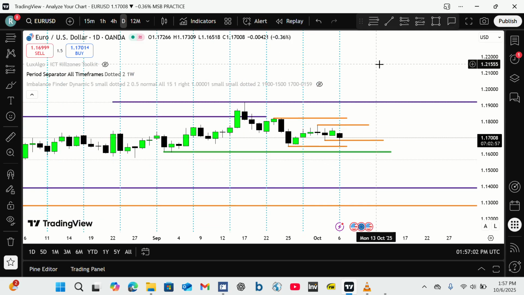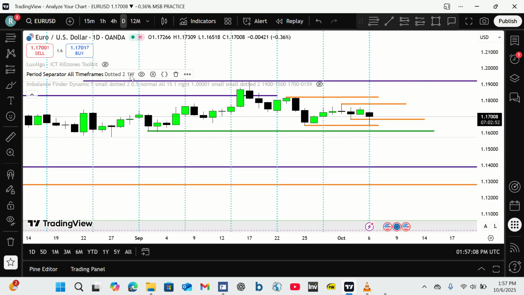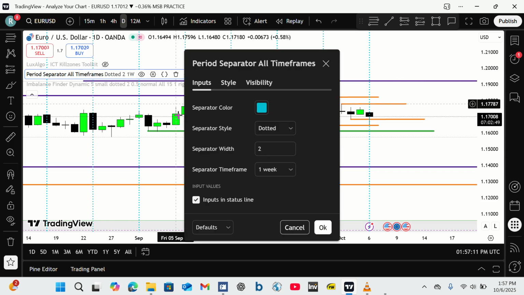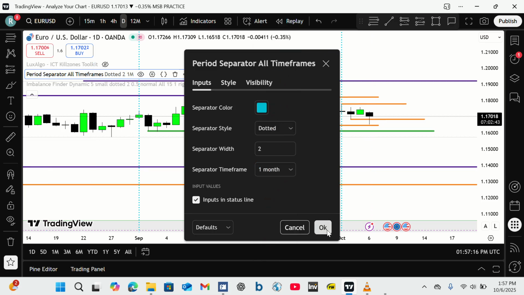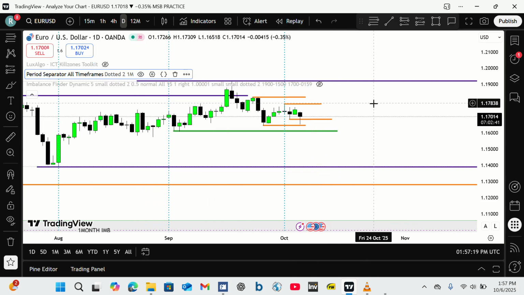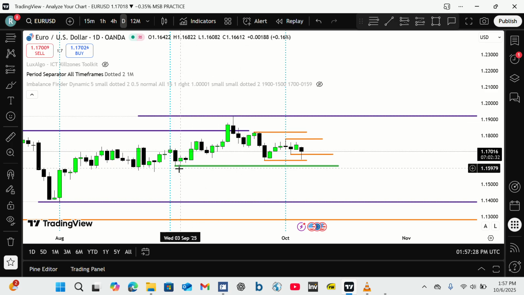I'm not really seeing what I want to show you, but okay, I think this was actually a monthly high and low. I had the monthly high. This is a monthly low. Yeah, this is it.